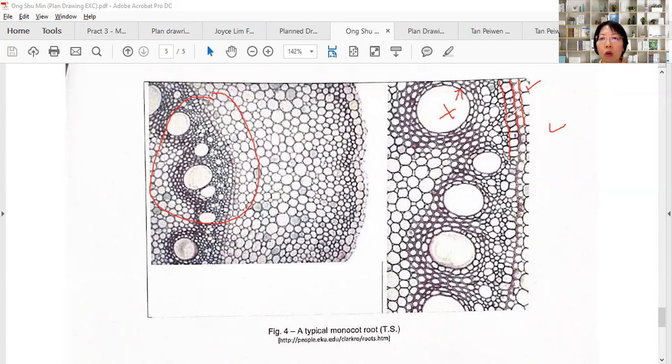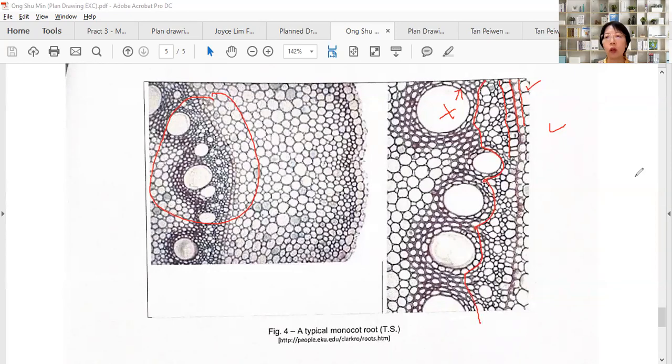All right? So I will roughly draw like this to indicate, right? I will outline the borderline between the wall that is thick and the wall that is thin, like this, roughly. Okay?